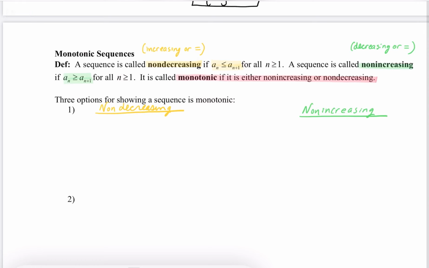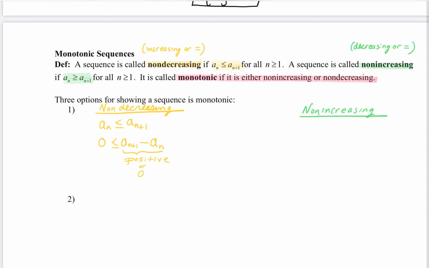So when we think about non-decreasing, we start off and a subsequent term would be bigger than or equal to the previous term. So think about what happens if you subtract a sub n over to the right. You would have that a sub n plus 1 minus a sub n is greater than or equal to 0. So if this is positive, or 0, then you have something that is non-decreasing.